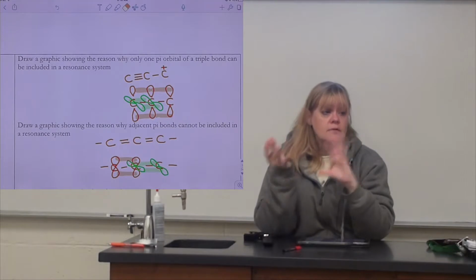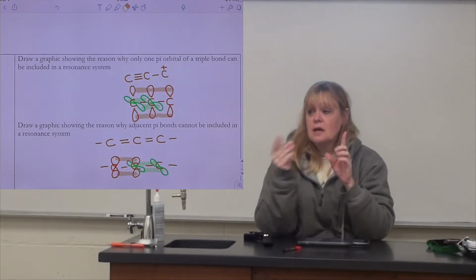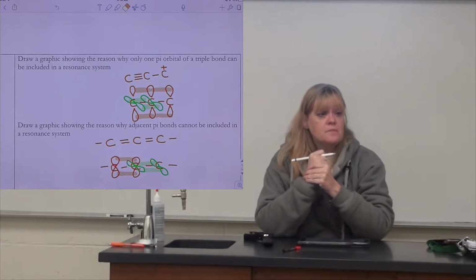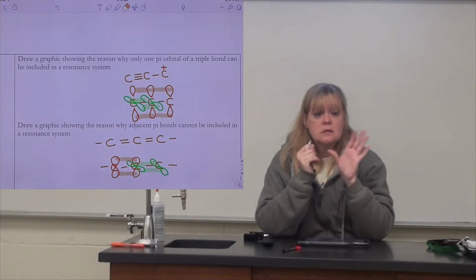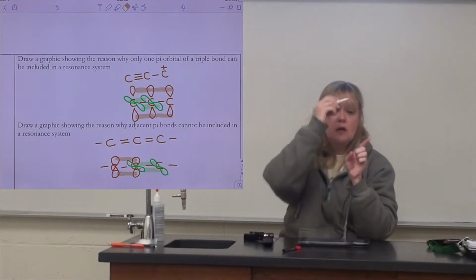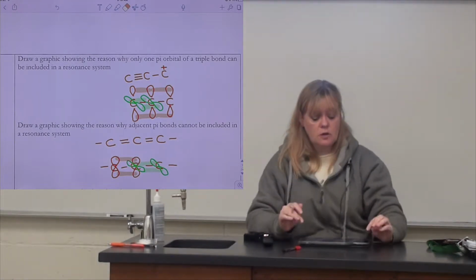If you took an advanced organic chemistry class, then you'd go through the reactions it would undergo, but we're not going to be doing anything with that. So the pattern that you're always looking for to determine that something has resonance is double bond, single bond, double bond, single bond, because then all the p orbitals can line up with each other.